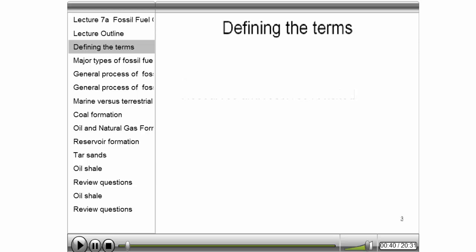So to begin with, a couple of major terms when we talk about fossil fuels. First off, what's a fossil? Take a moment and write down a definition as you understand it. Okay?